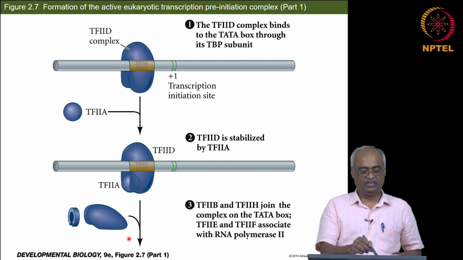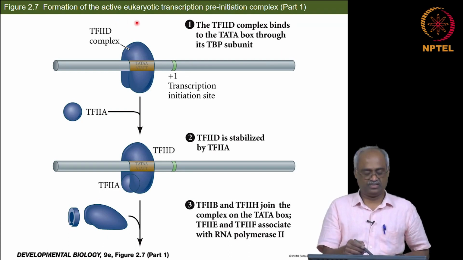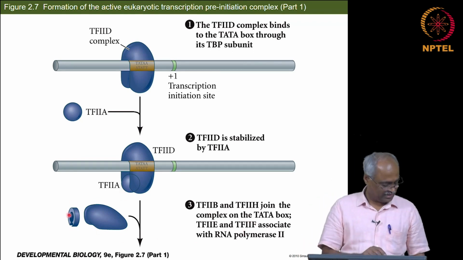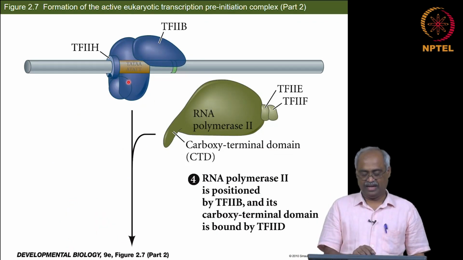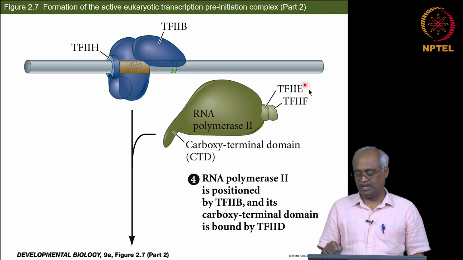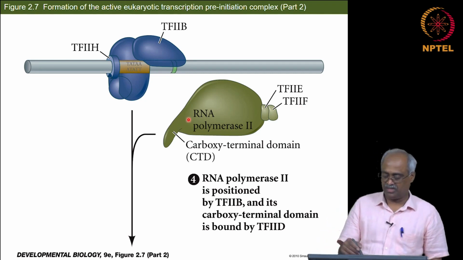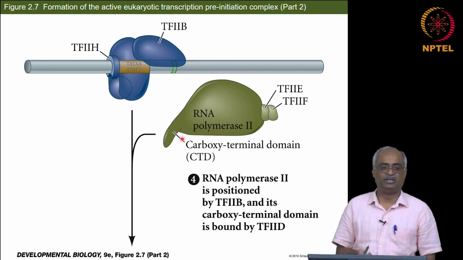So here you have TFIID, transcription factor 2D. That has to first bind, it binds to the TATA box, then recruits 2A, and then you have B and H. So these clamp-like structures they add, and then only you have Pol2 recruited, and to the Pol2 you have the E and F already binding to it, and when it binds, this carboxy terminal domain CTD plays a major role in regulation.